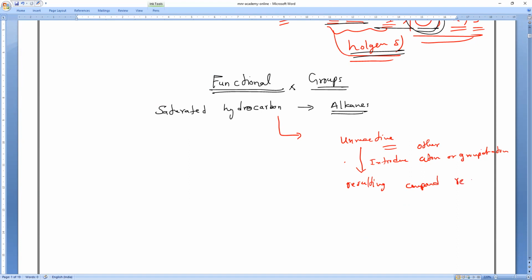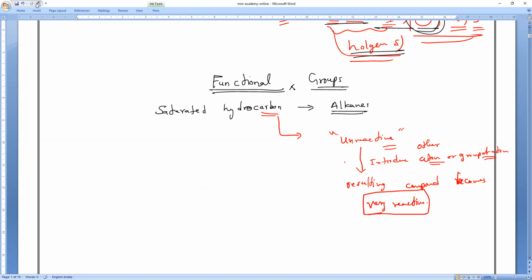Again, listen: if I take the saturated hydrocarbon, basically it is unreactive, everything is already balanced. Now if I replace it with any one atom or a group of atoms, the resulting compound after the replacement becomes very reactive.